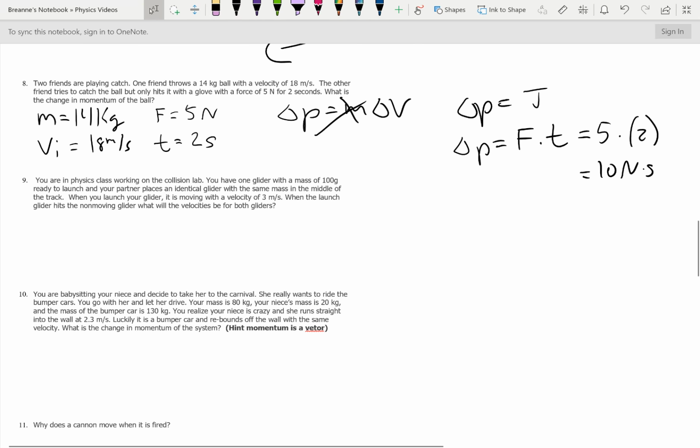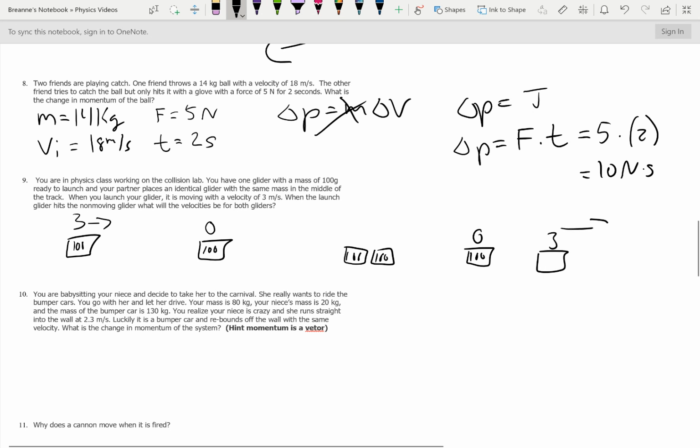Well, since they have the same mass, let's see here, we have glider 1, glider 2, 100, 100. This one is moving at 3 in that direction. This is not moving. So when they collide, since they have the exact same mass, the first one is going to end up staying still, and the second one will continue in that direction at 3 meters per second.